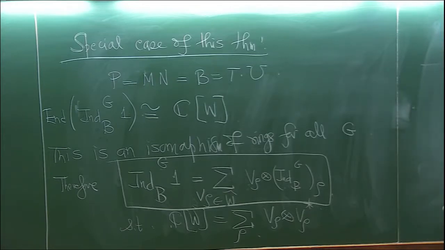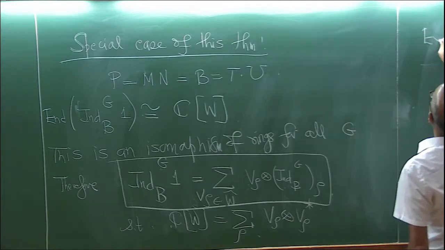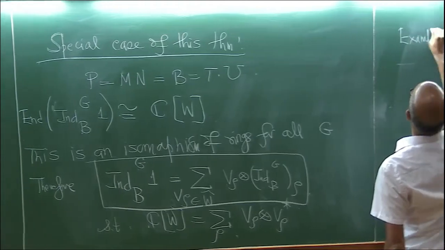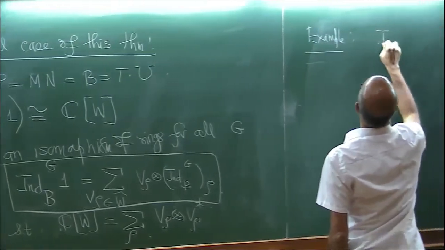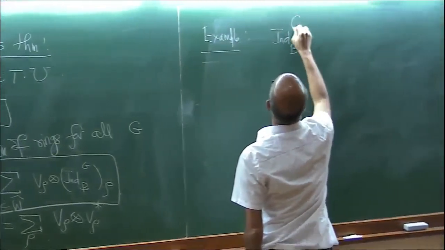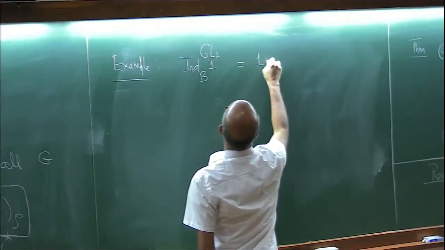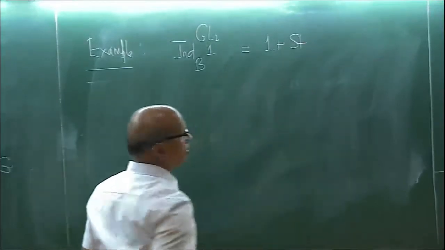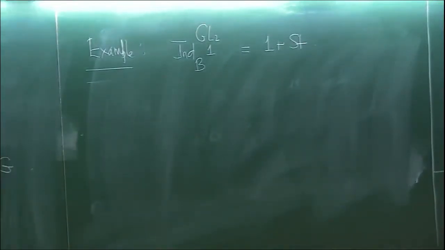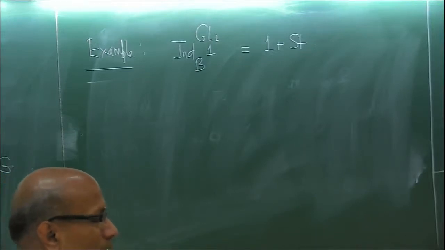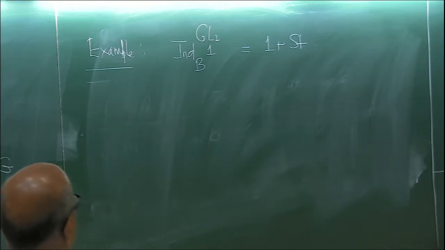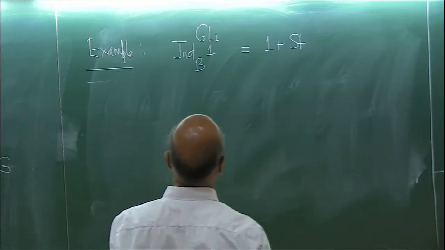Just to give you an example, induction from B to GL2 of 1 is equal to 1 plus a representation which is called Steinberg. This is a representation of dimension Q that I talked about, and then Shivprakash gave more details on this one.